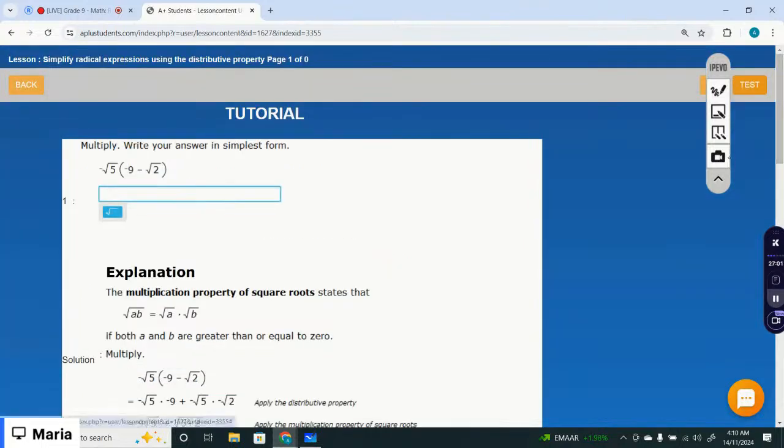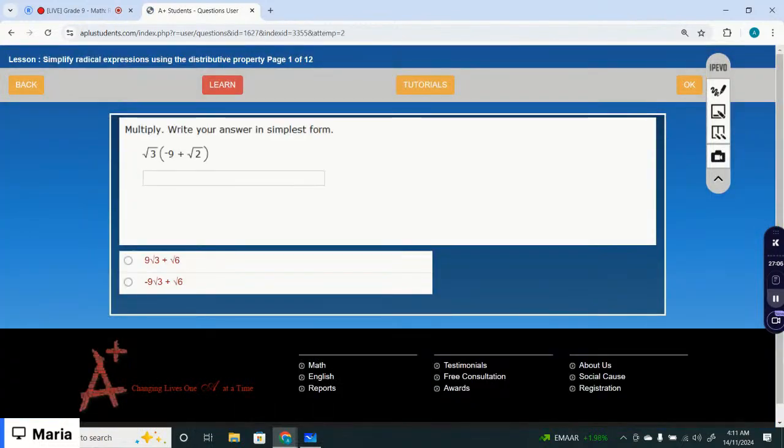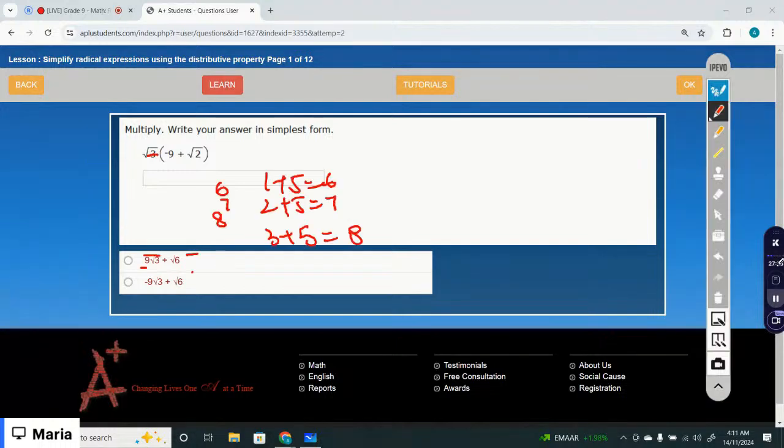Let's just start with the test questions. So you have to apply the properties of multiplication with square root.